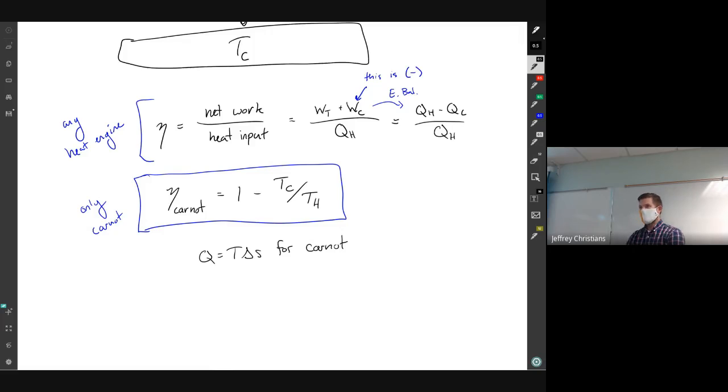Another way, which would also be good, would be to lower the cold temperature. Typically for power generating systems, that's not easy to do. That's the thermal reservoir, where you're dumping the heat, which is usually just the environment.